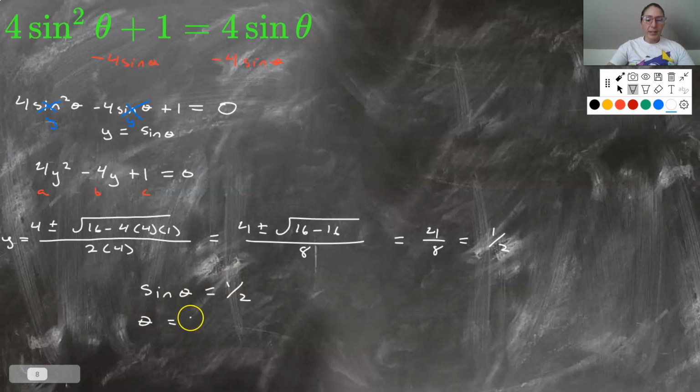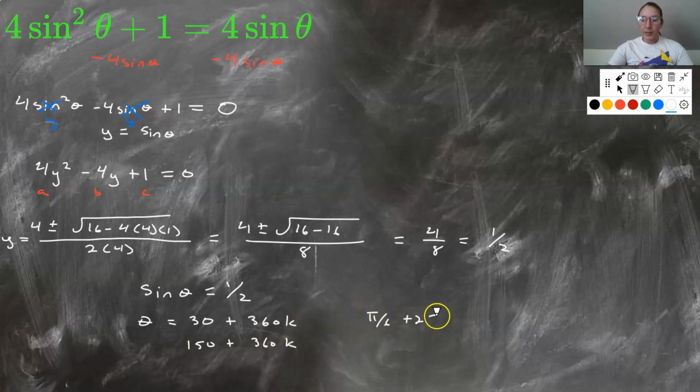Well, theta is either going to be 30 plus 360k, or let's look at the reflection, 150 plus 360k. In radians, that's pi over 6 plus 2 pi k, or again, look at the reflection, 5 pi over 6 plus 2 pi k.